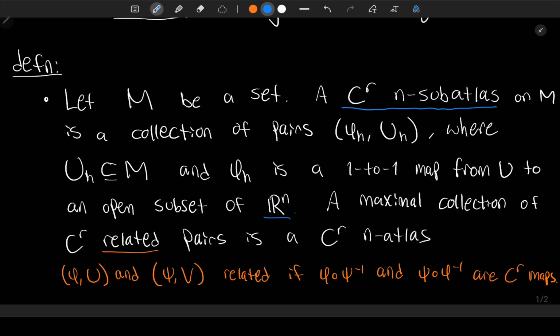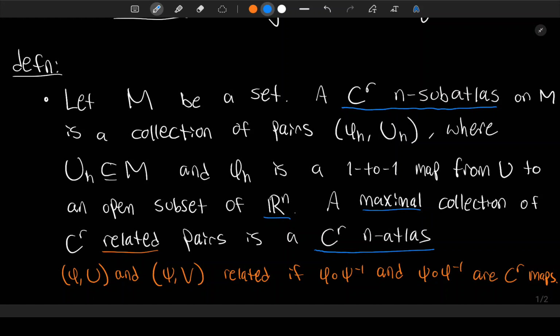So a maximal collection, so maximal here means that we can't add any more pairs to this collection and get new information. So assuming we have a maximal collection of CR related pairs, that maximal collection is called the CRn atlas. So this is the definition of an atlas that you may have seen from differential geometry before.